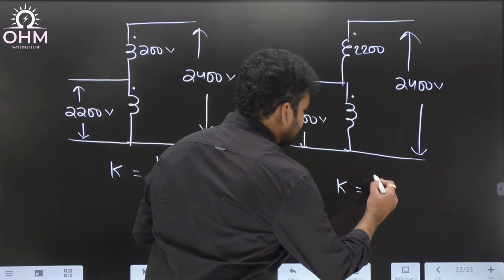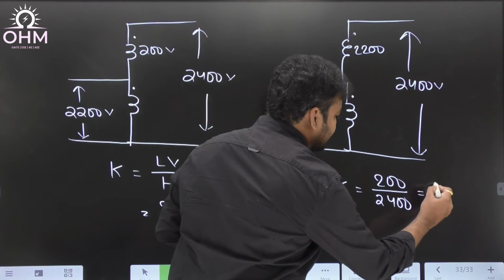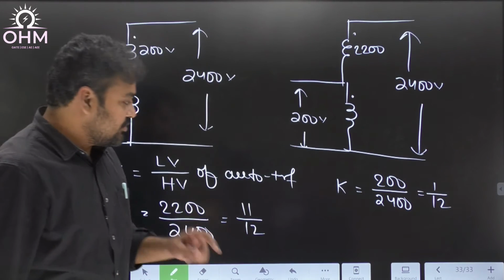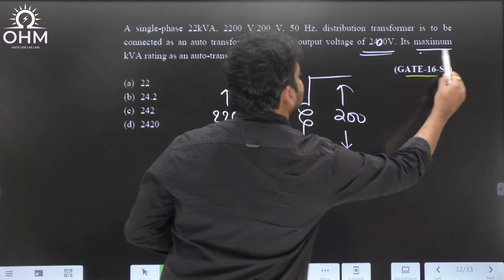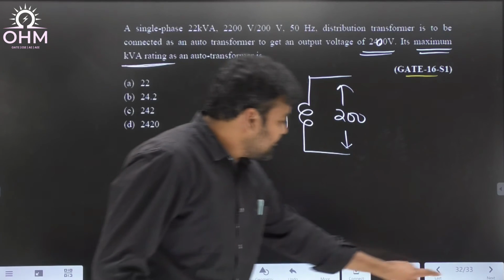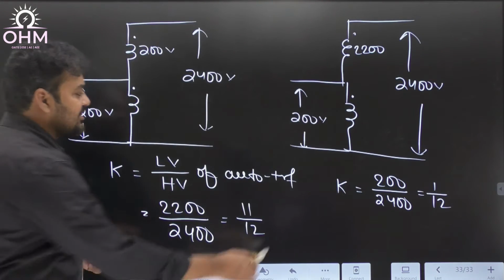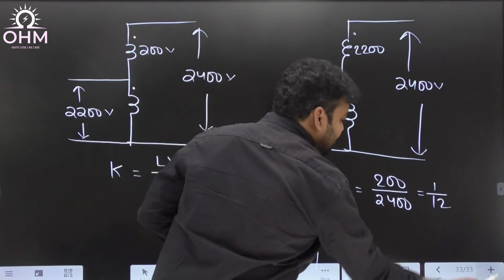K is equal to low voltage 200 by high voltage 2200, so K is equal to 1 by 12. But the question is about maximum kVA rating. What is the maximum kVA rating possible from the autotransformer? We know maximum kVA rating is possible at a higher K value or lower K value? Definitely at a higher K value, because what is the formula for VA rating of an autotransformer?